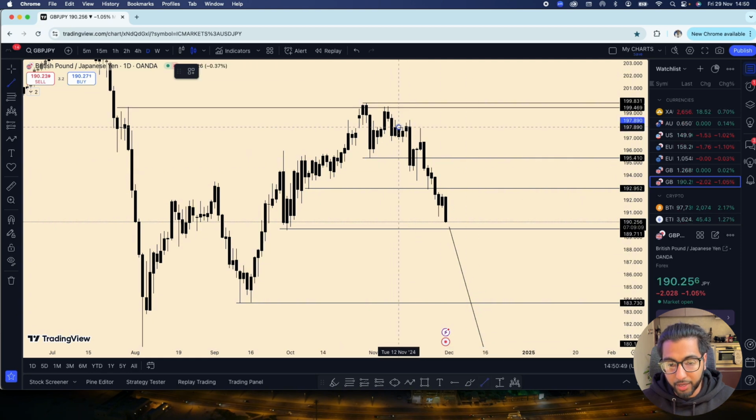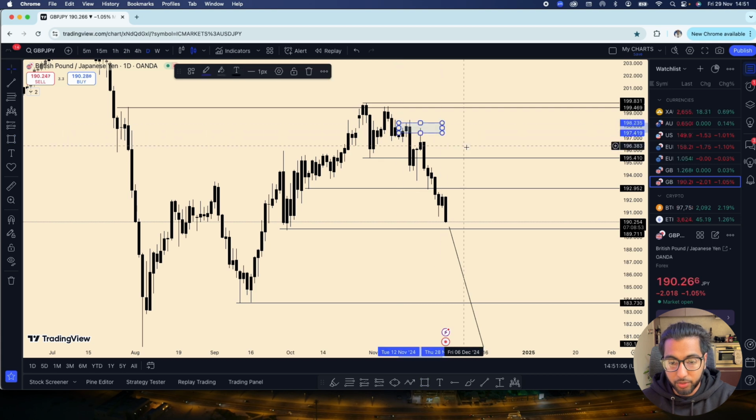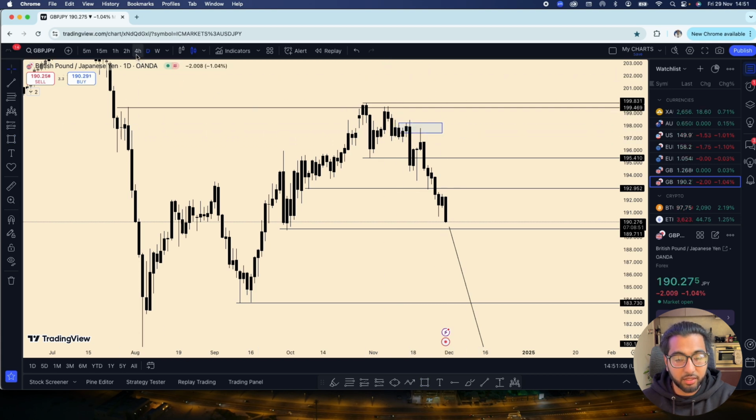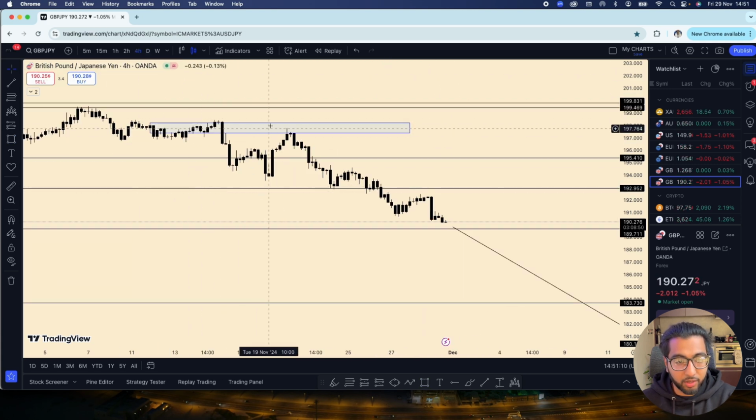We had price create some sort of retap to these sellers right here. This is also, you could say, a liquidity area. Obviously, if you scaled in to this move, you'll actually see that price did, in fact, pull out of liquidity right here.